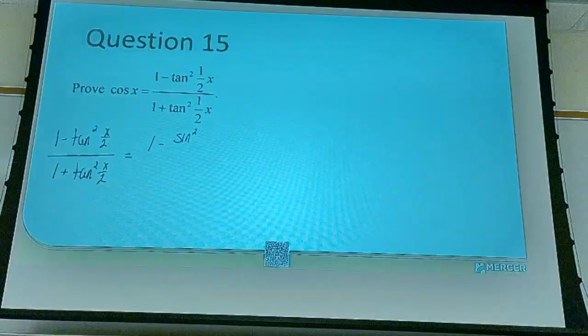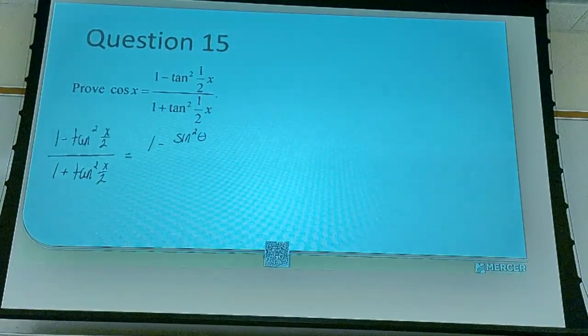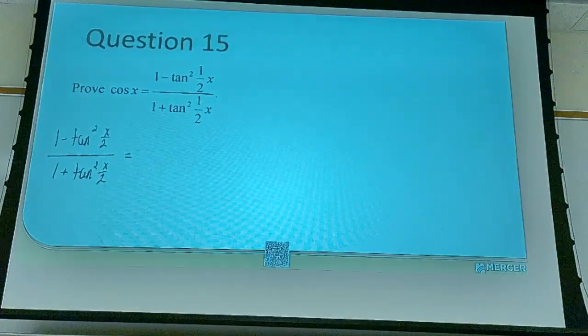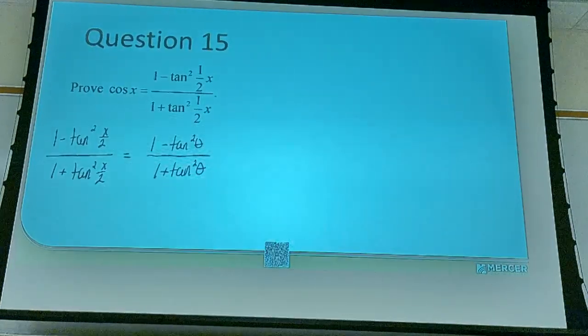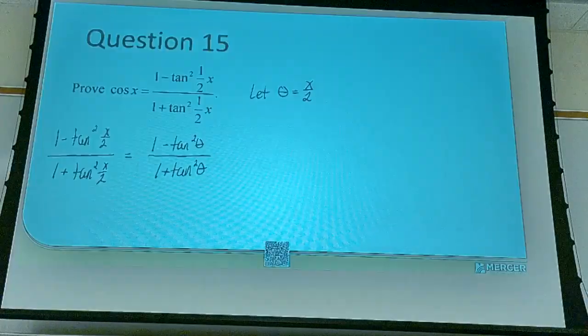I'm going to rewrite for now. Do a change of variable just to make it look nicer.